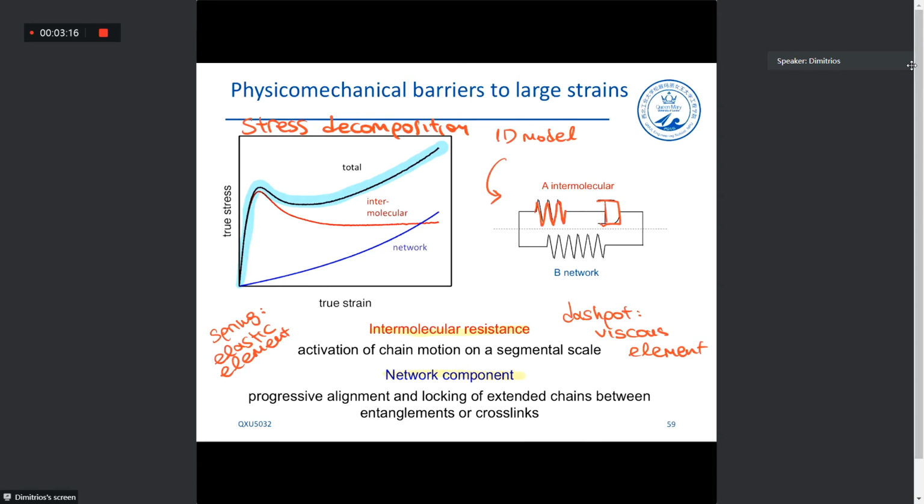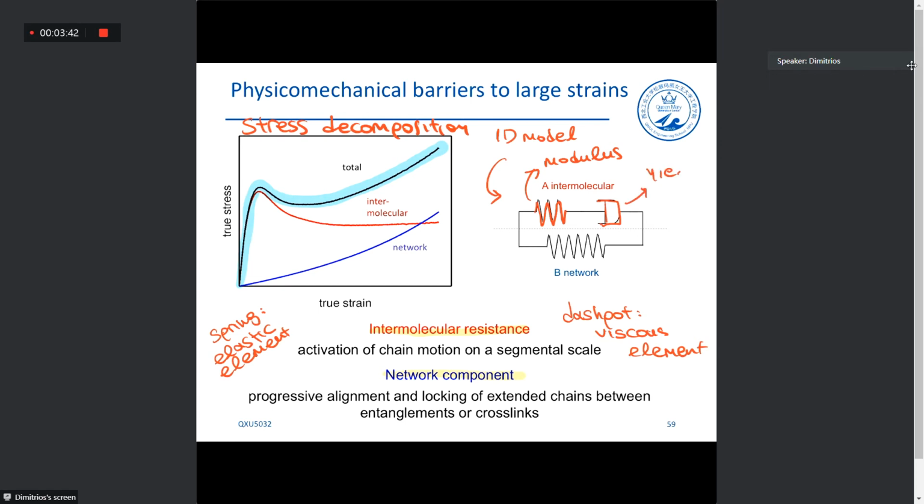So the intermolecular contribution to the total curve has to do with a combination of spring and dashpot. The spring essentially accounts for the elastic response at small strains, that is the modulus, while the dashpot corresponds to a contribution regarding yield, okay?